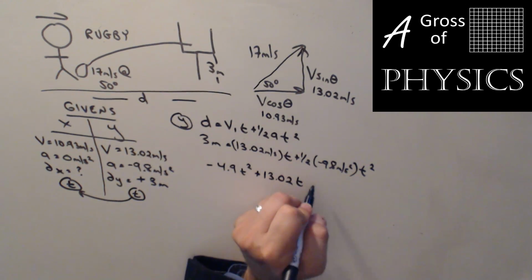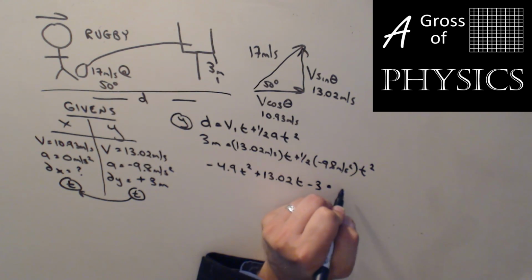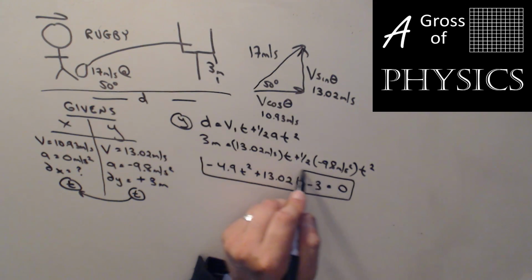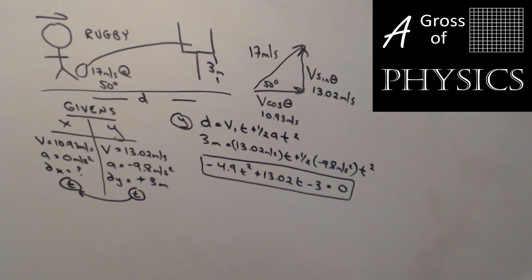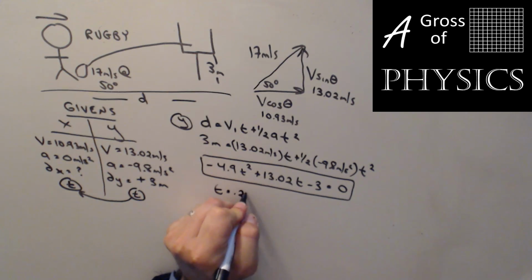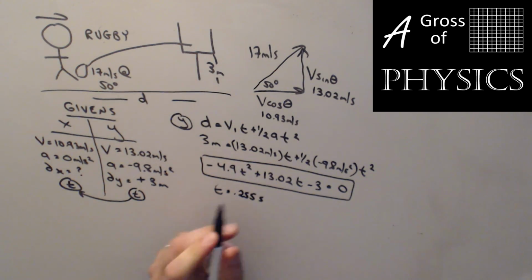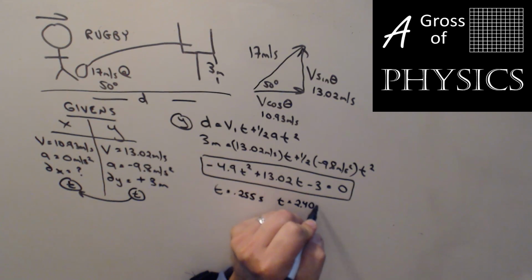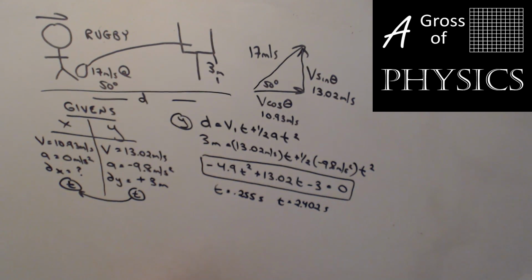And then we'll bring the 3 over: minus 3 equals 0. At this point, we're going to need to use a quadratic solver, and we're going to get 2 roots for the time. Using the quadratic solver, I get t to be 0.255 seconds and t to be 2.402 seconds.